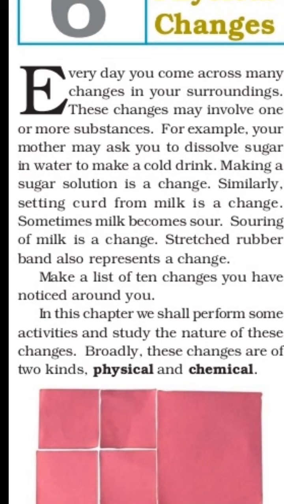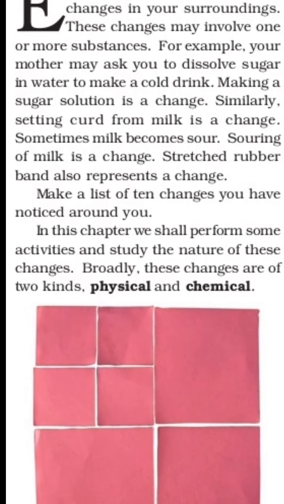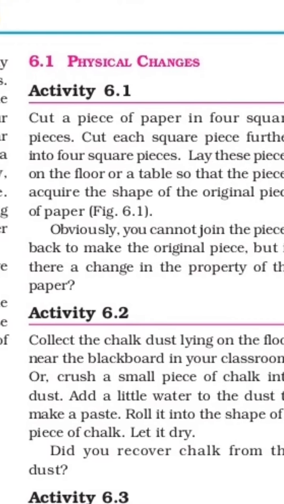In this chapter we shall perform some activities and study the nature of these changes. Broadly, these changes are of two kinds, physical and chemical. Now we will see activity 6.1 and our first point from this chapter, physical changes.